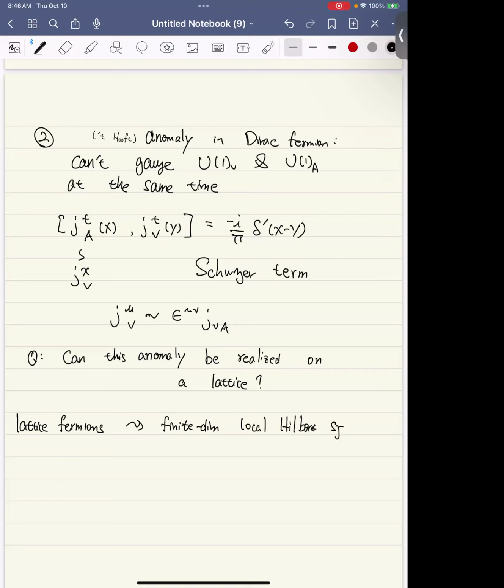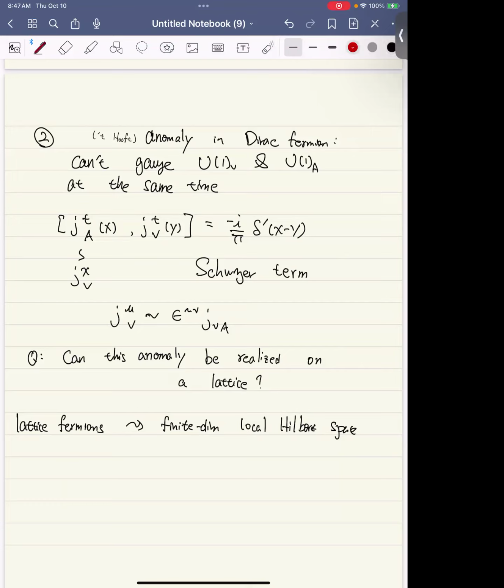What do I mean by that? You have a lattice. On every lattice site, you have a bunch of fermions, 2 or 4, any number of them, could also be 1. And on each local Hilbert space, on each site, you're just trying to figure out the representation of the Clifford algebra. And that's typically a finite dimensional representation, right? If you have a pair of real fermions, that's a 2-dimensional Clifford algebra, so that gives you a two-dimensional Hilbert space, and so on. So typically, if you just work with fermions on the lattice, your local Hilbert space associated with each lattice site is finite dimensional. You can think about it as a qubit.